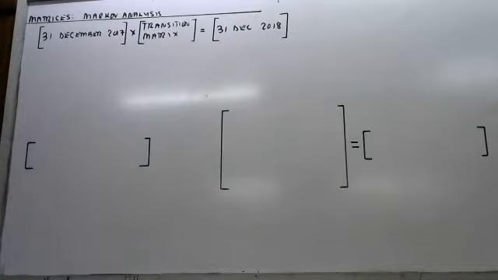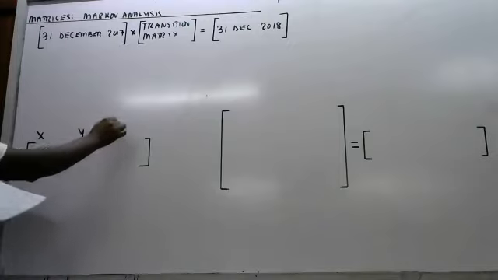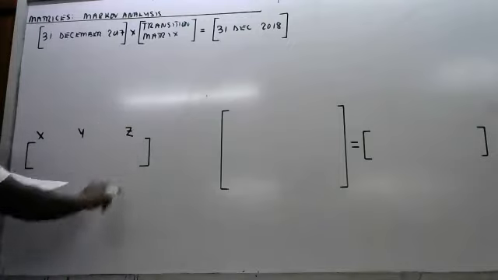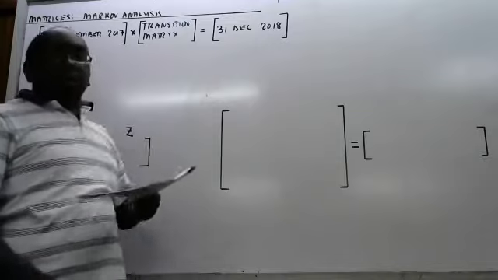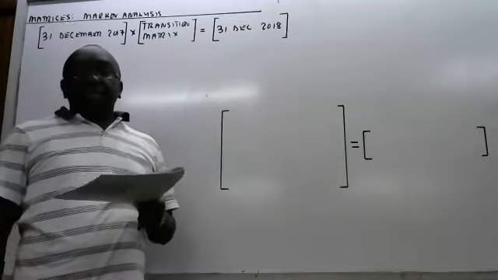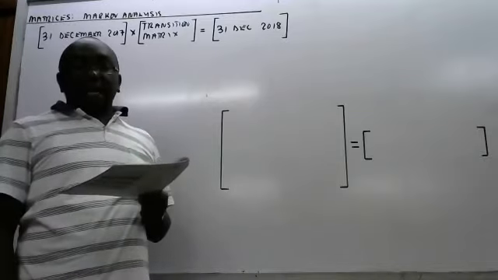there are three companies, X, Y, and Z. And somewhere there we are told prior to the introduction, they had equal shares.